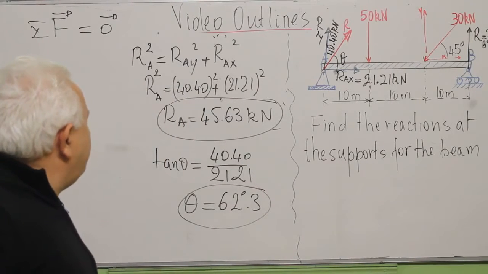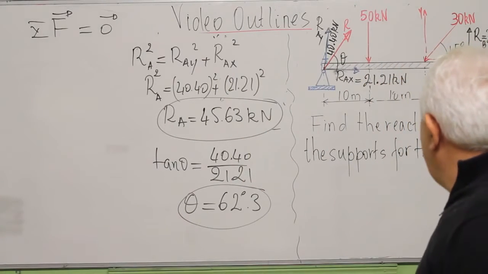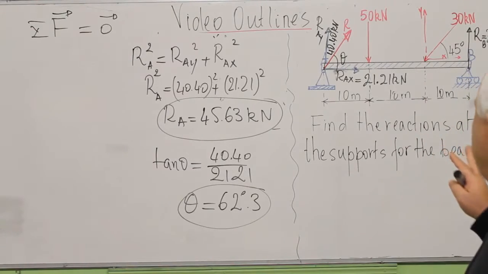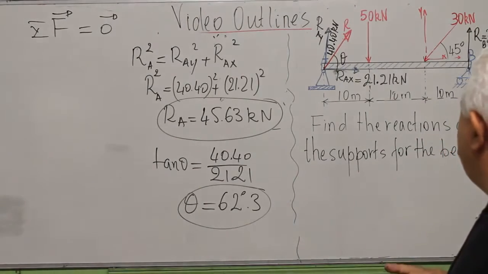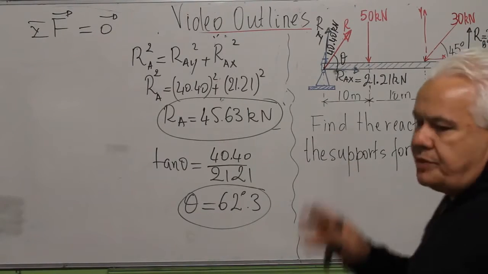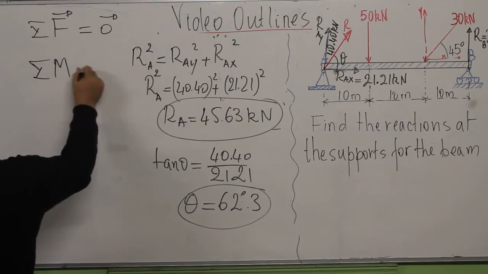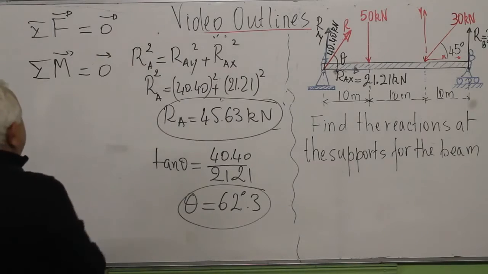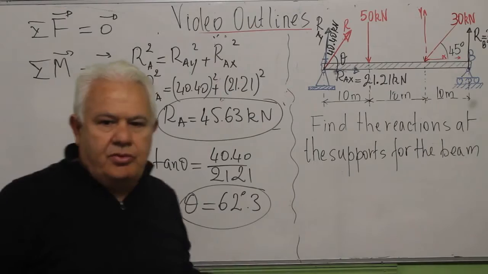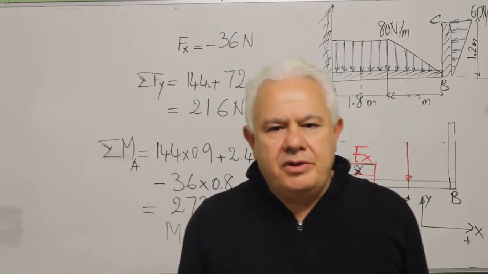So we have seen on this example how to find the reactions at the support when forces are applied at different places, by using sigma of the forces equals 0 and sigma of the moment equals 0, meaning the sigma of the exterior forces applied to the body. Thank you very much for your attention and see you in the next video.